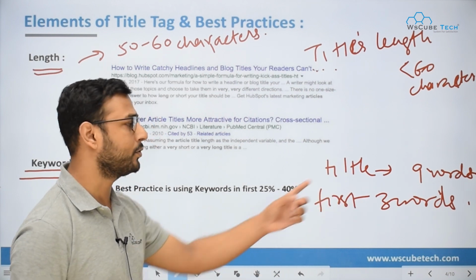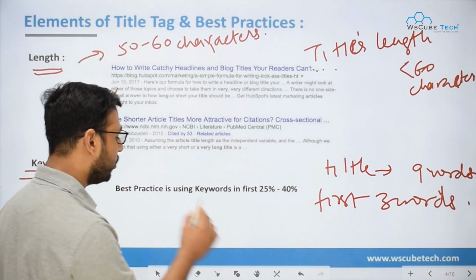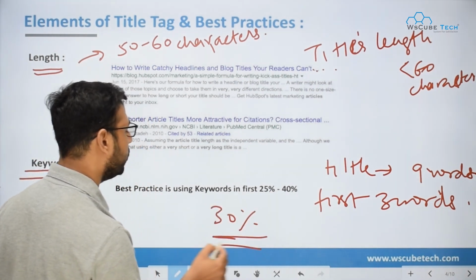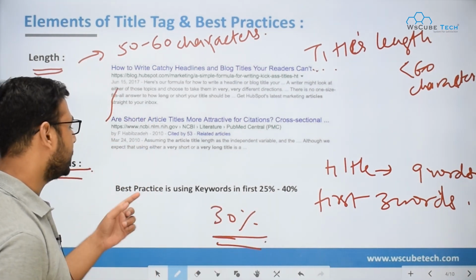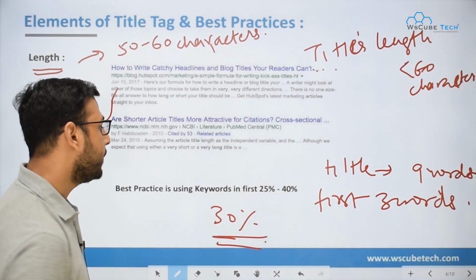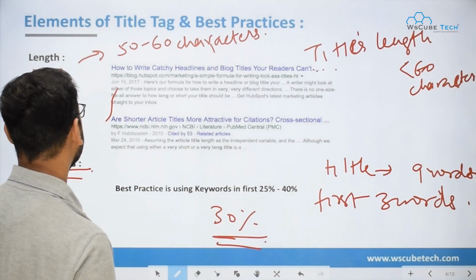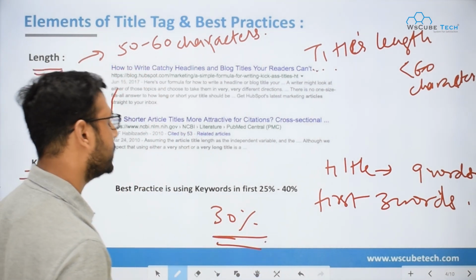The first 3 words of your 9-word title should contain your keyword, and that will be somewhere around 30%. So the best practice is using the keywords in the first 25 to 40%, and the length should be somewhere between 50 to 60 characters.